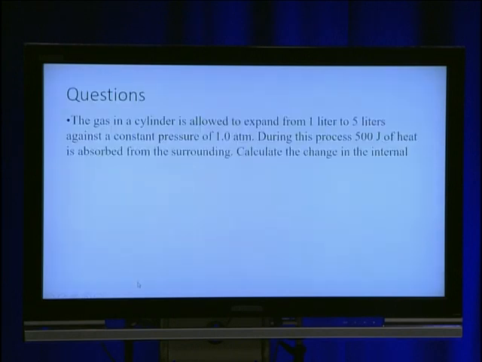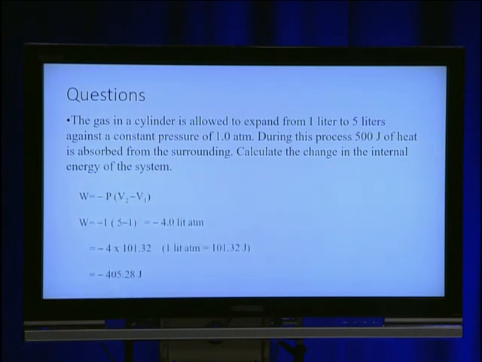Let's look at this question. The gas in a cylinder is allowed to expand from 1 liter to 5 liters against a constant pressure of 1.0 atm. During this process, 500 joules of heat is absorbed from the surrounding. Calculate the change in internal energy of the system. So here everything is given. Work done is again minus P (V2 minus V1).